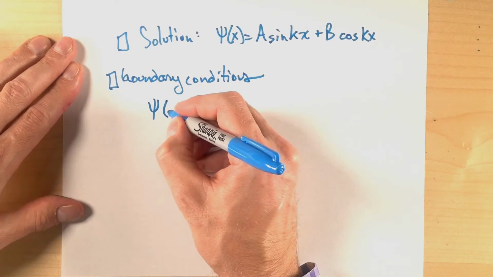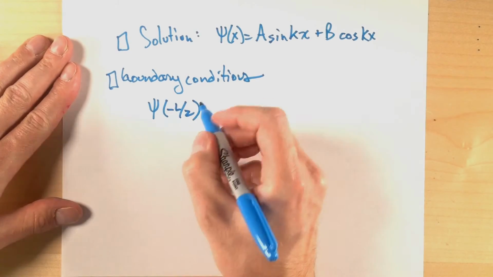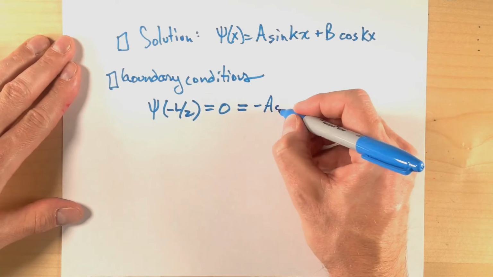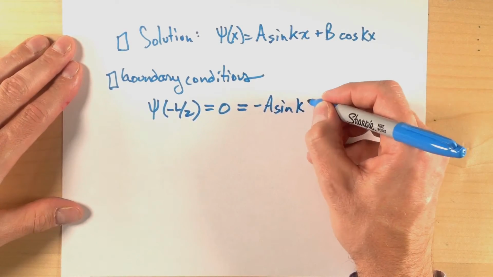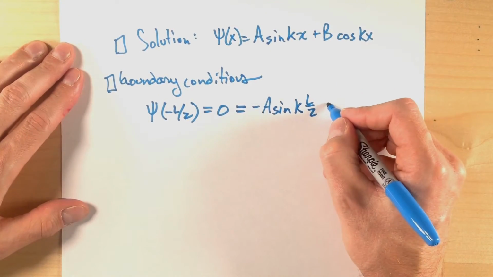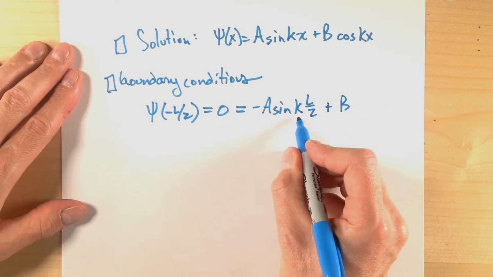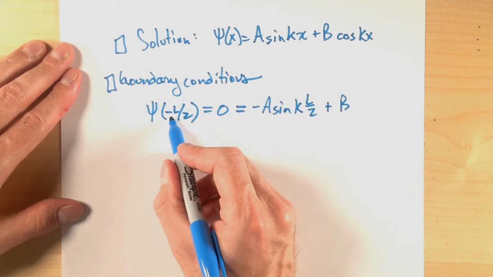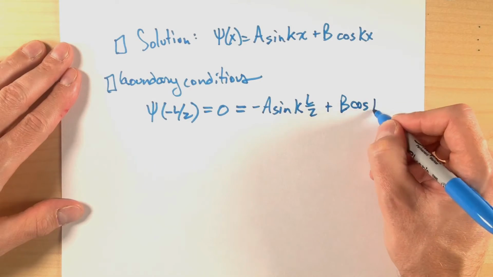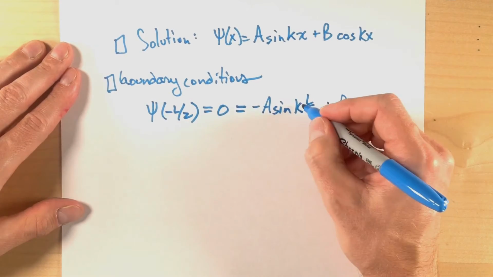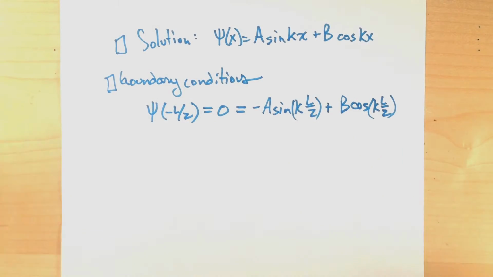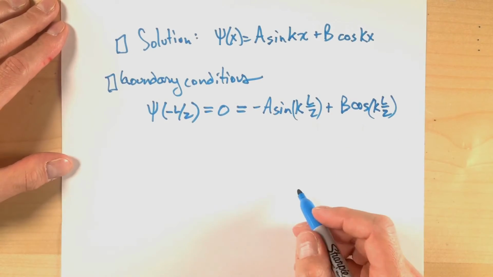At the left side boundary, the wave function has to equal 0. That equals minus a times sine of k L over 2, because it's a sine function and this was minus L by 2, so the minus sign comes out, and then we have b times cosine k L over 2. Here there's no minus sign because the cosine is even. If the inside is negative, it's the same as if it is positive.